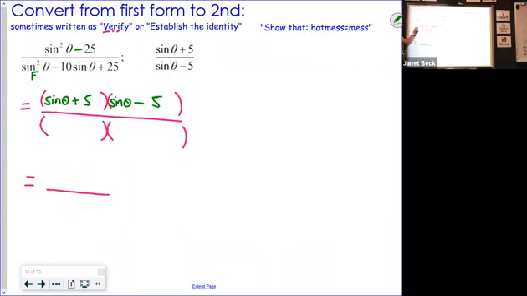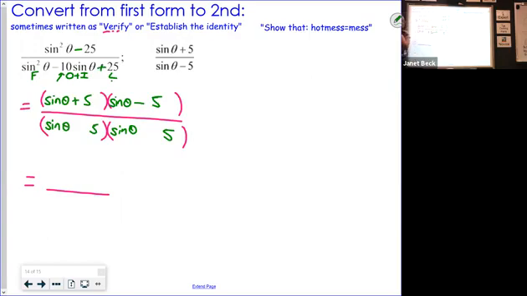So the factors of sine squared are sine and sine. Put sine and sine in the first place in both of them. This middle term comes from a combination of the outer plus the inner, and that 25 at the end is your last term. We look at the last term next. The factors of 25 are 1 and 25 or 5 and 5. Looking here, obviously we're going to use 5 and 5.